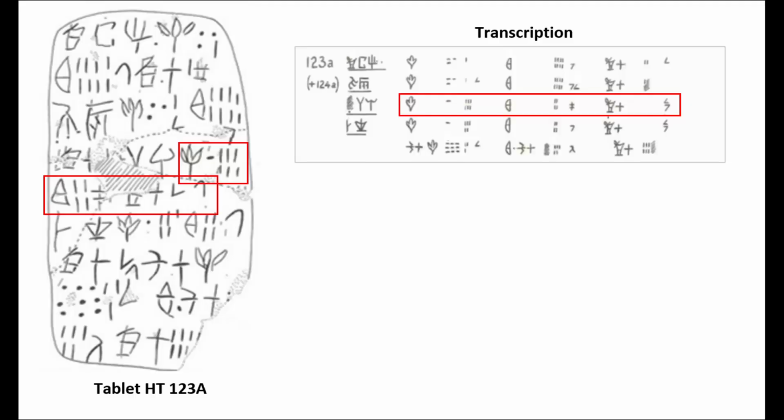That's right. Last time we were talking about rams and wool being recorded in the ratio of 4:1. Indeed, yeah. Back to rams and wool. If you remember last time, we were talking about tablet HT123A, and having identified the fact that items appear in the ratio of 4:1, we know, given that that same ratio appears in Linear B, that the items being recorded were rams and wool respectively.